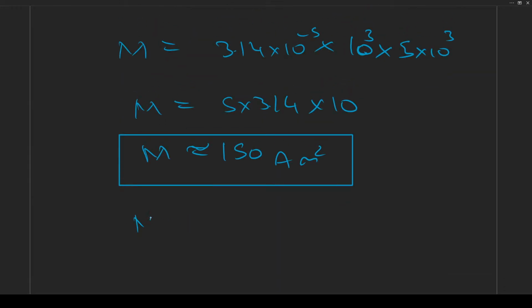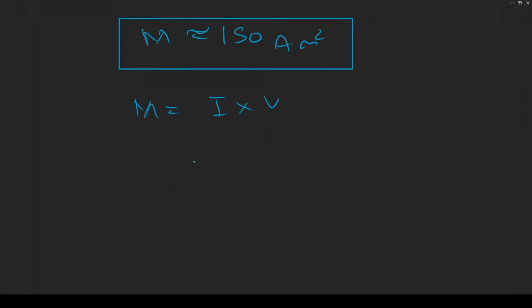And magnetization can also be written as I into V, where I value is equal to chi times H, that is approximately 5 into 10 power 5.